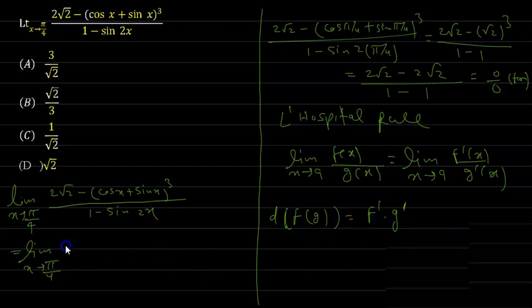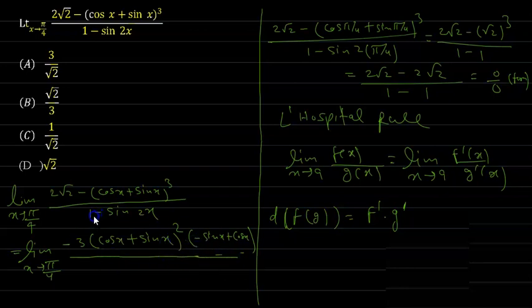Then minus, the derivative of (cos x plus sin x) cube is 3 (cos x plus sin x) square, and derivative of cos x plus sin x is minus sin x plus cos x. And the derivative of the denominator, that is the derivative of 1 is 0, and derivative of minus sin 2x is minus cos 2x, and derivative of 2x is 2.